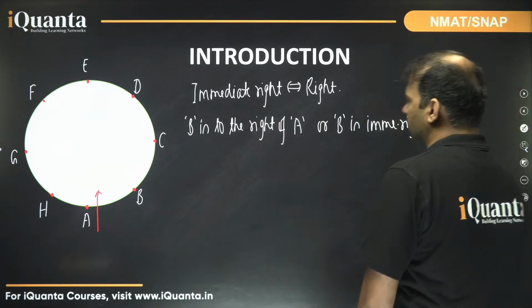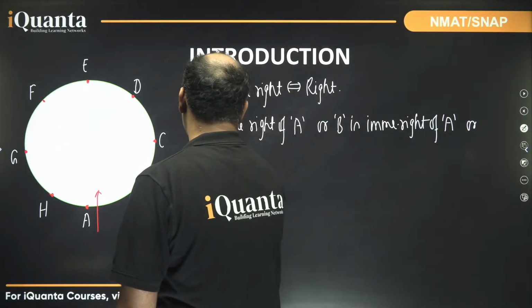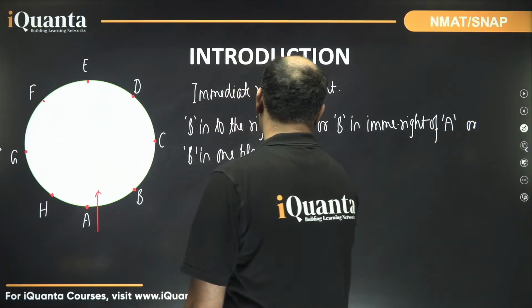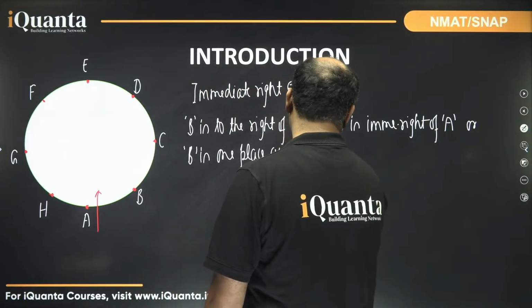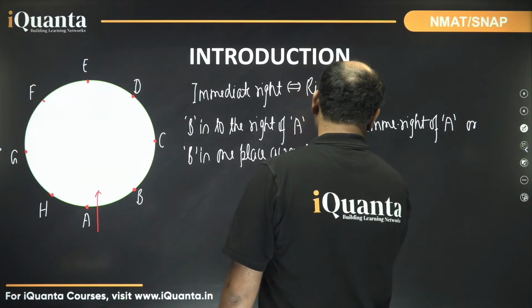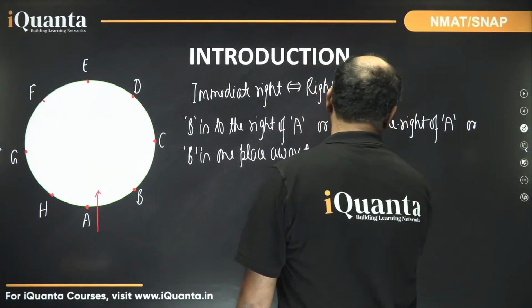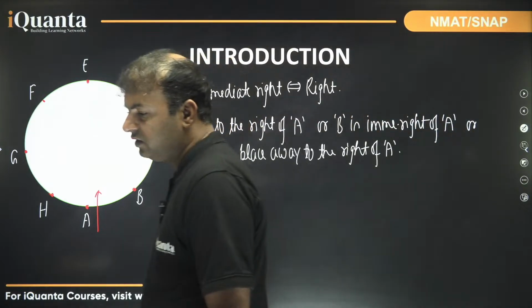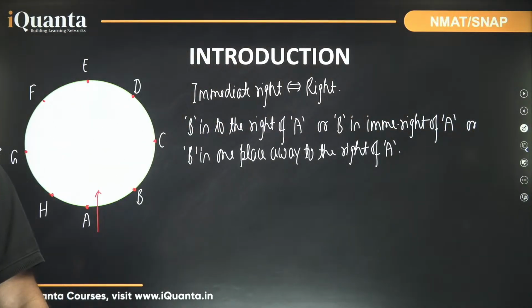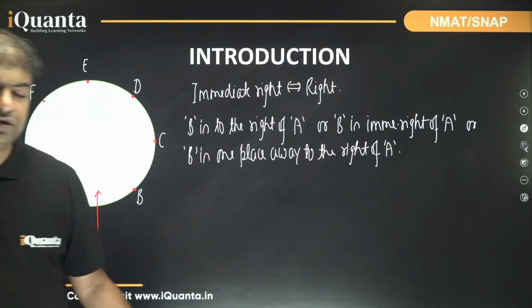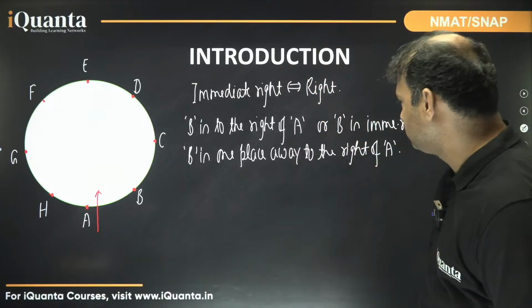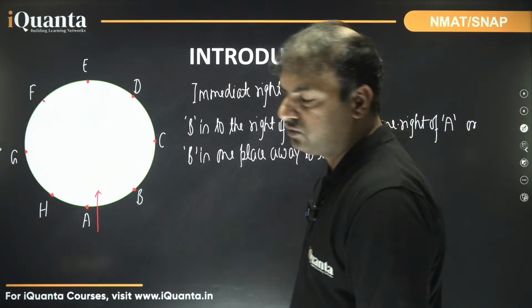Also guys, we can say one more thing, that B is one place away to the right of A. This is also we can write, by which they also mention the information. In questions, such kind of information can also be mentioned, that B is one place away to the right of A. I think this is something we discussed in linear also, right?